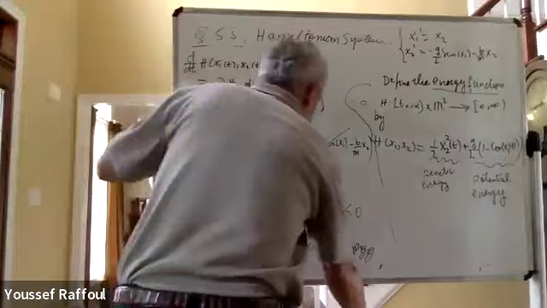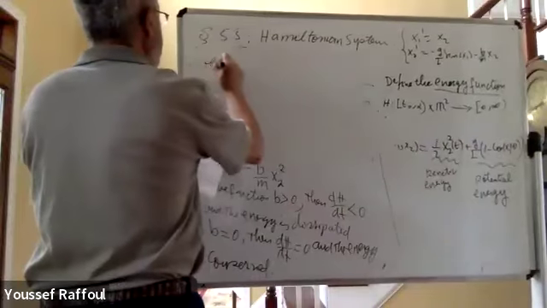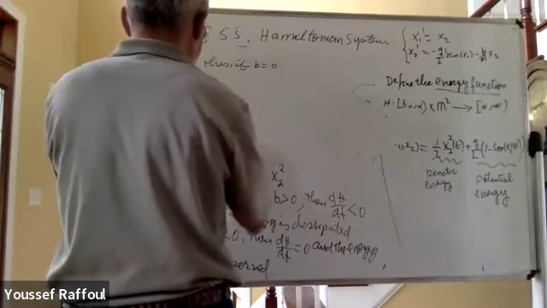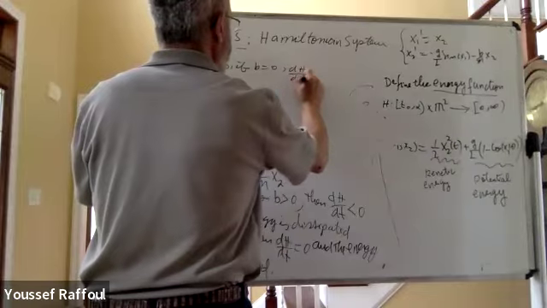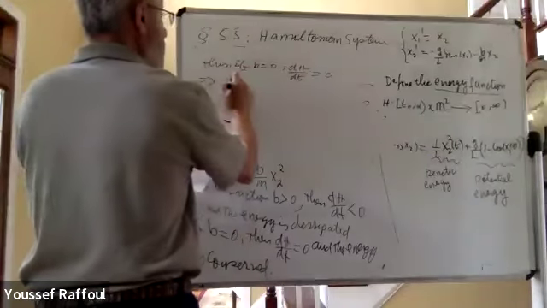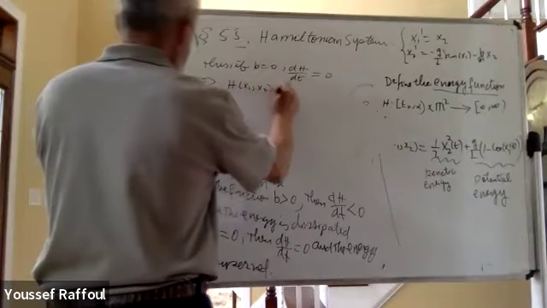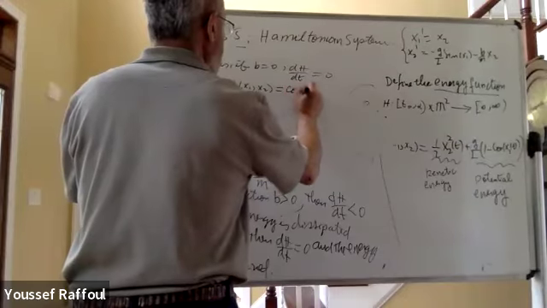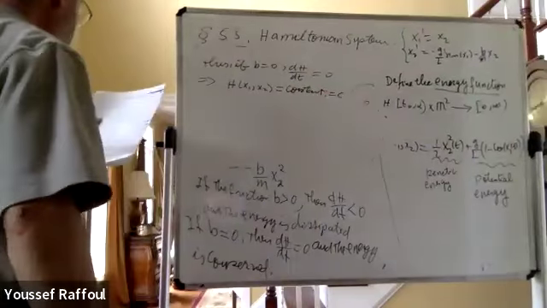So what does that mean? Thus, if B equals 0, dH over dt equals 0, which means if you integrate, H of x1, x2 is equal to a constant C. Okay?